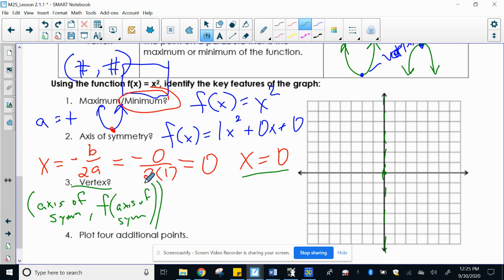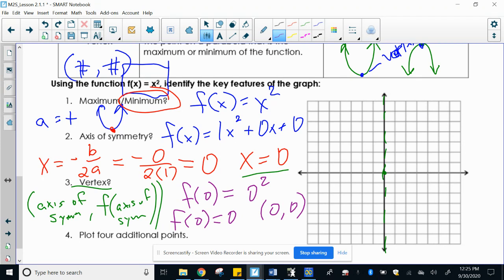So now to find the y that goes with that, we're going to plug in our x value and see what we get. So we want to find what is f of 0. Plugging in 0 for x, that's 0 squared. So f of 0 equals 0. Well, that would mean our vertex is occurring at 0, 0. Let's plot that point. Your vertex is always going to be on that vertical line somewhere. So here we got 0, 0.